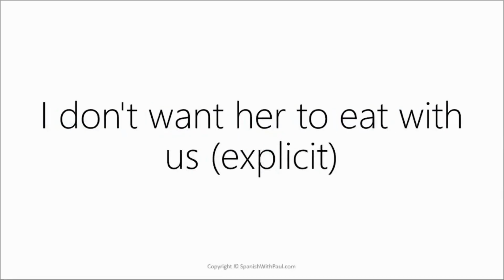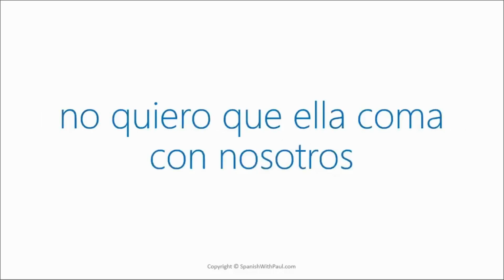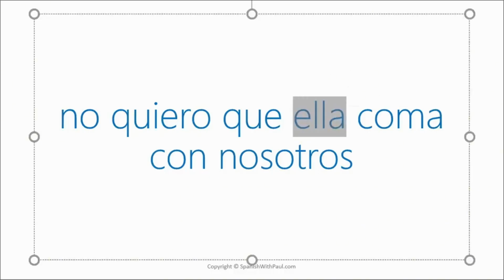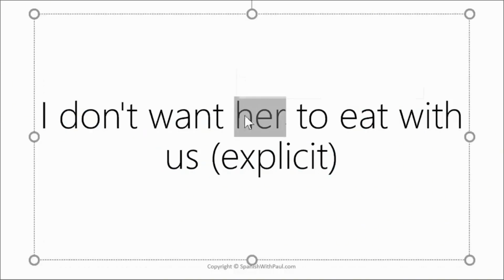Let's repeat that same sentence, but instead of him, we're going to say her, and we want to make the her explicit. So I don't want her to eat with us. It would be no quiero que ella coma con nosotros. So here with our clarifier, we're making it very explicit that we are referring to her.